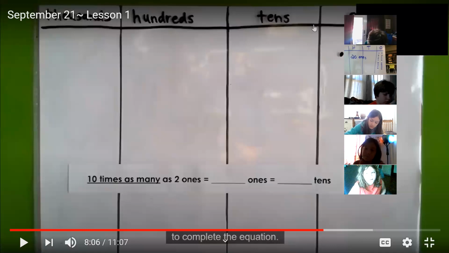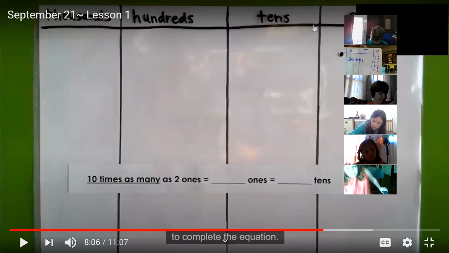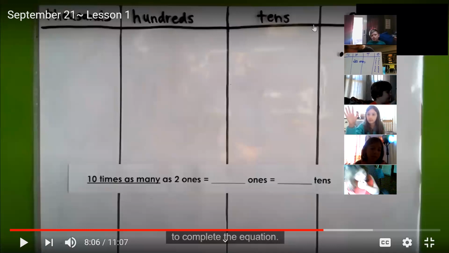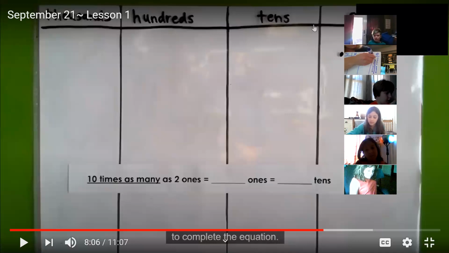So how many ones do we need to make a 10? Bella, what do you think? How many ones do I need to make a 10? 10. Bella, do you remember what it was called when the teacher was telling us we put them together like that? 10 ones. Right.